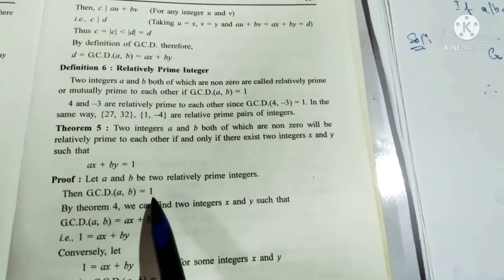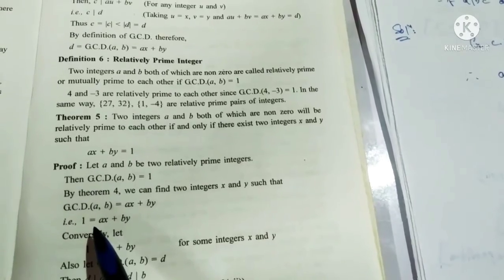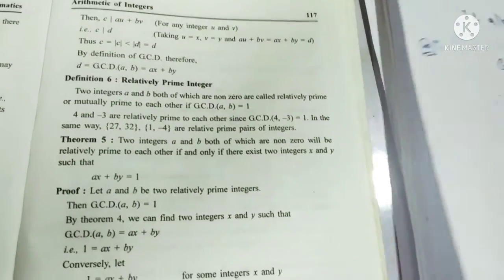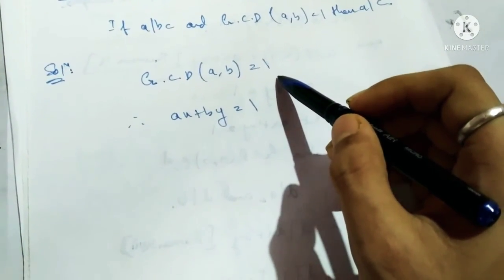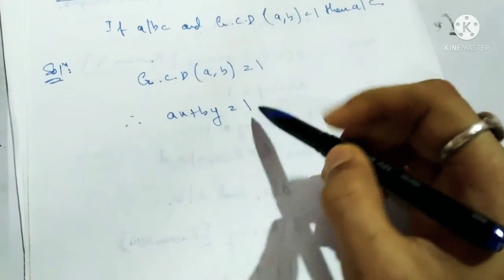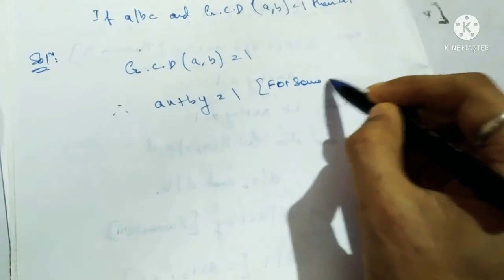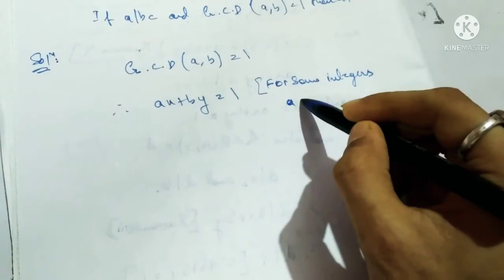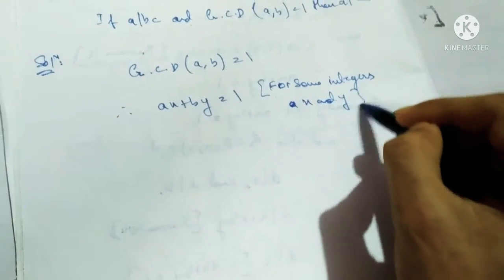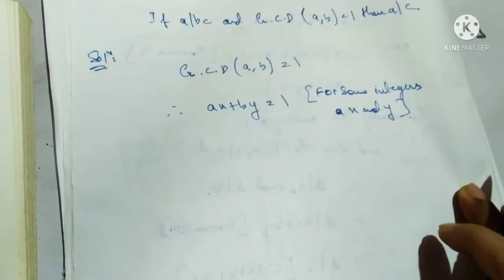That means GCD of A, B is 1 given, then AX plus BY is also equal to 1, for some integers X and Y.